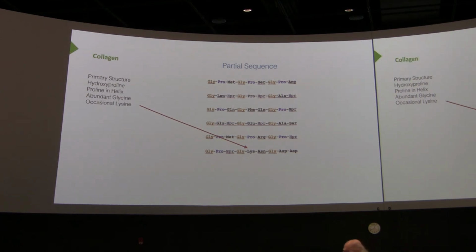If you braid your hair and you don't put a rubber band on the end of it, what happens to your hair? It falls apart, right? If you put collagens together and you don't link the lysines together, the strands can't stay together. It will fall apart. So lysine is also needed for the structural integrity of collagen because it's literally the rubber band that you put on your hair. In this case, it's a covalent bond that forms between lysines on different strands.